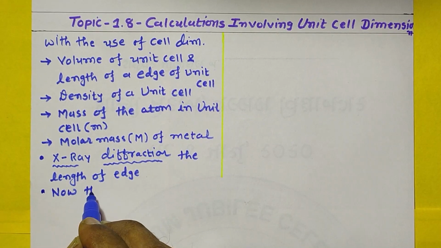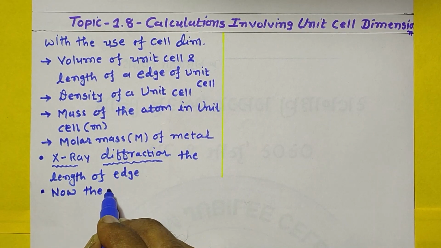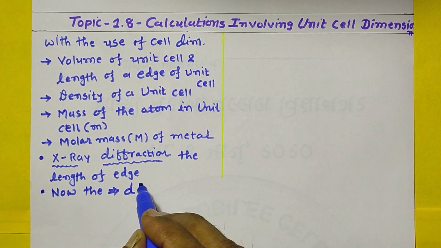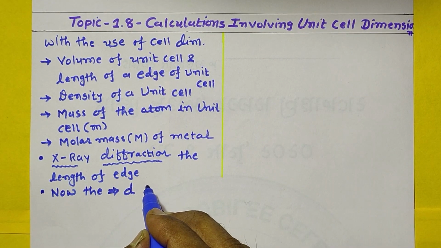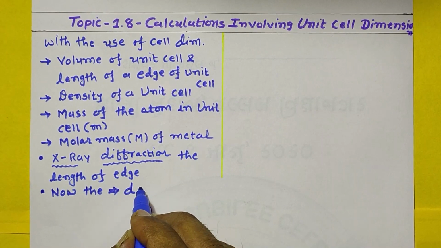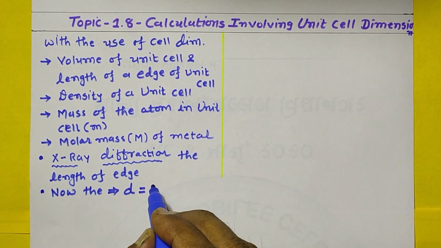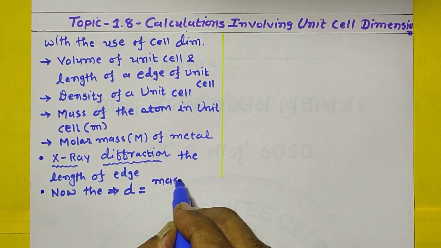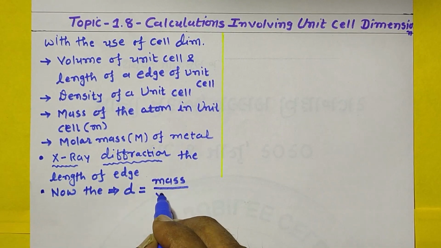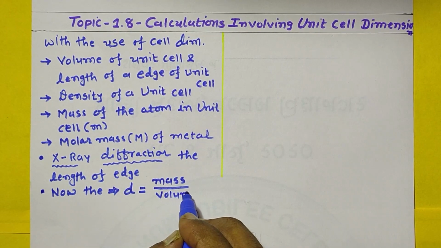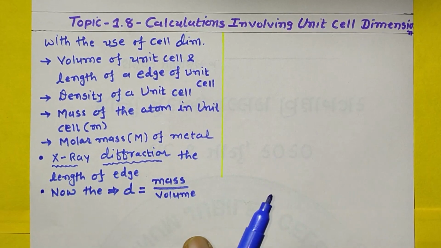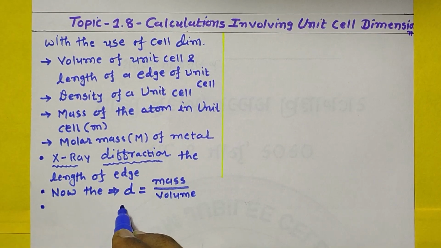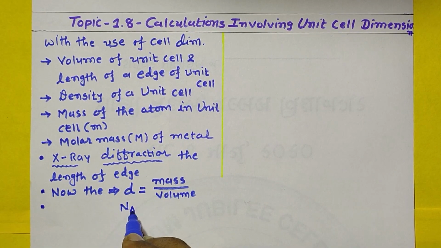Density of a unit cell or a solid substance is known as small d. So we can say that density is equal to mass upon volume. Not only that, we also require the NA value.